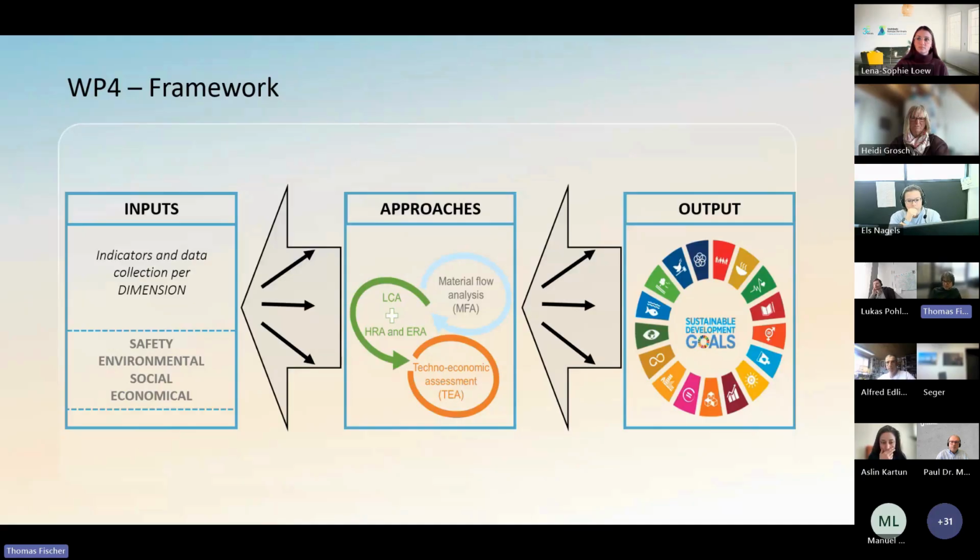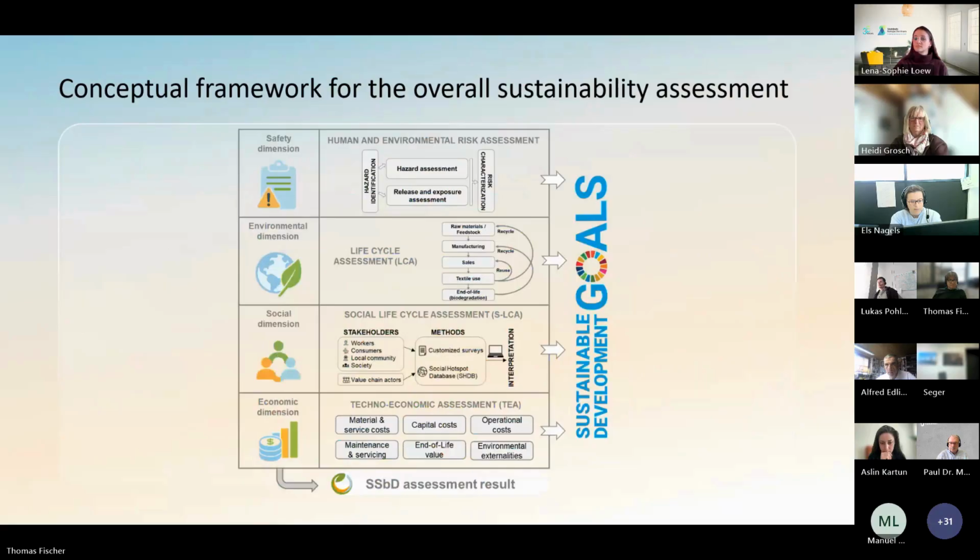We collect the air and measure the particle emissions and everything to make sure that we have a safe environmental and social production of these new textile processes. This is our conceptual framework for sustainability development. But I guess in similar projects, you also have to do these jobs.